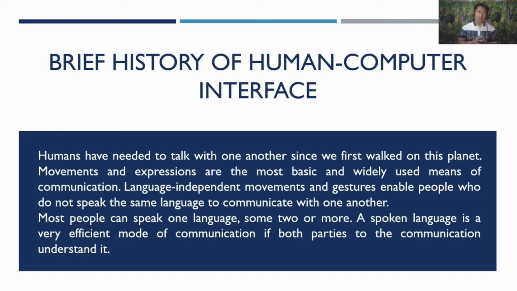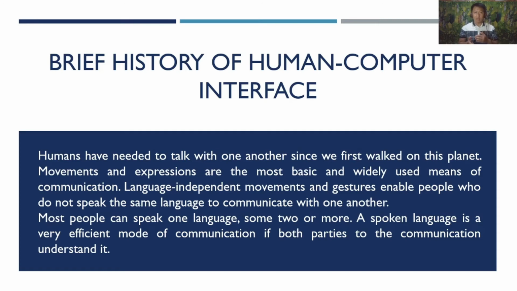Okay, for example, I am a Filipino, then you are a Japanese. How am I going to understand what you're talking about? Right? So in order for us to communicate to each other, we can use gestures or movements, so that you will understand what I am saying to you.